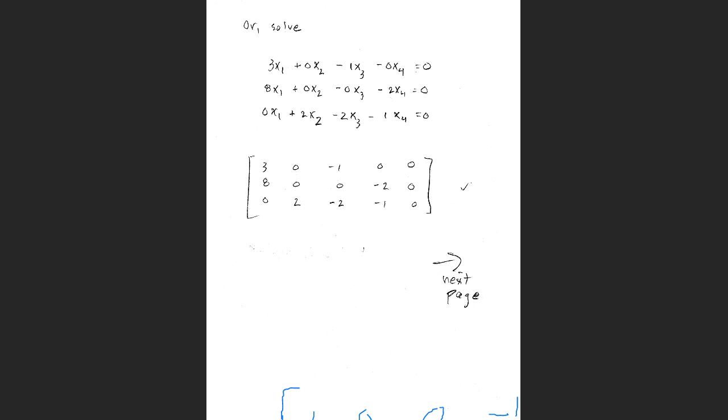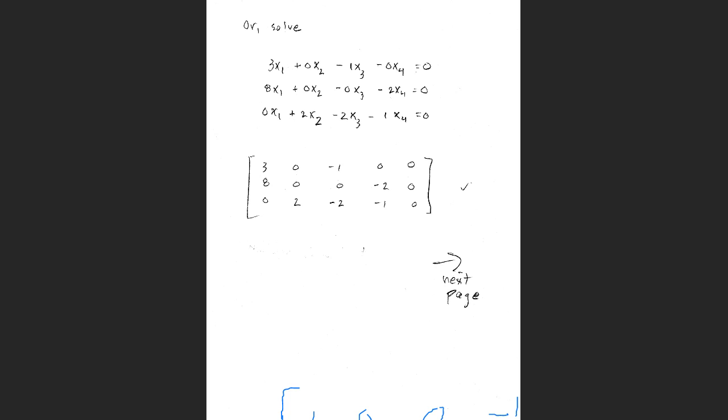Okay, so let me ask you, we have three different equations, 4 variables. What's that tell you about one of the variables? One of the variables is going to have to be a free variable.